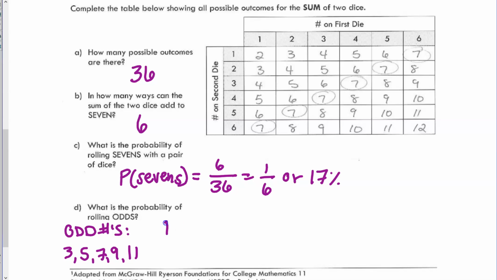The probability of odds is equal to, we count them up. So 1, 2, 3, 4, 5, 6, plus 6 is 12, 13, 14, 15, 16, 17, 18. So there are 18 possible odd numbers to get when you roll your 2 dice, over 36 total possibilities. So we reduce that fraction to 1/2 or 50%.